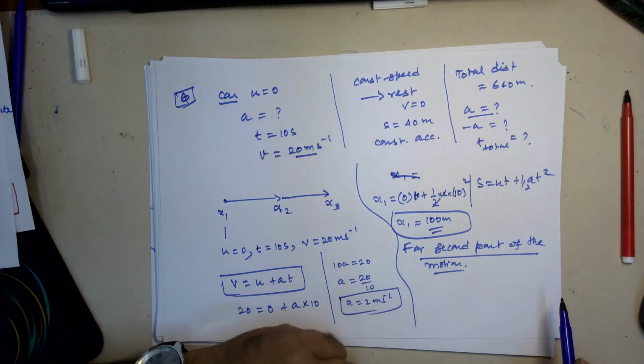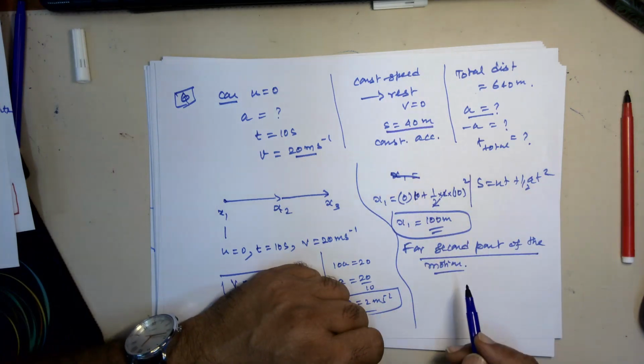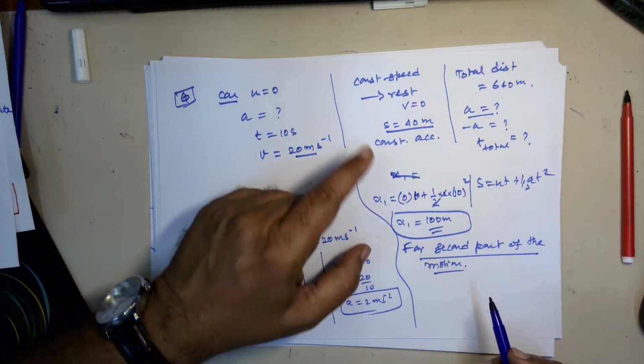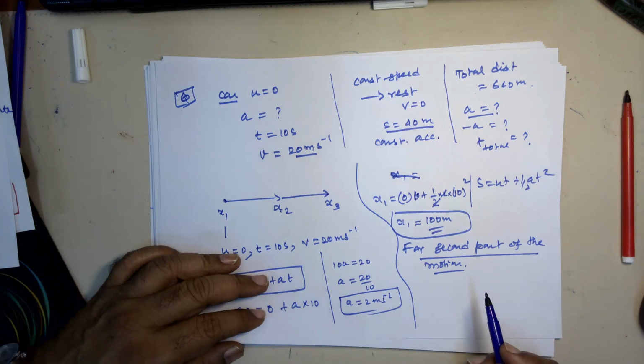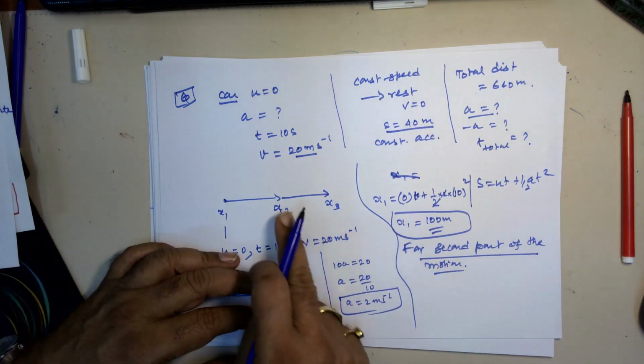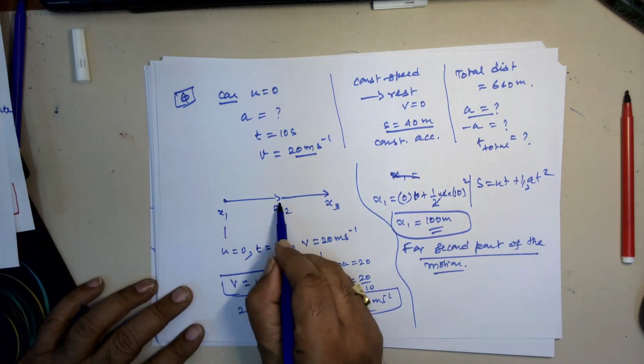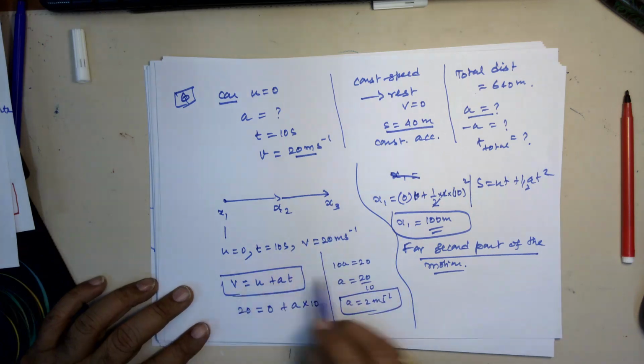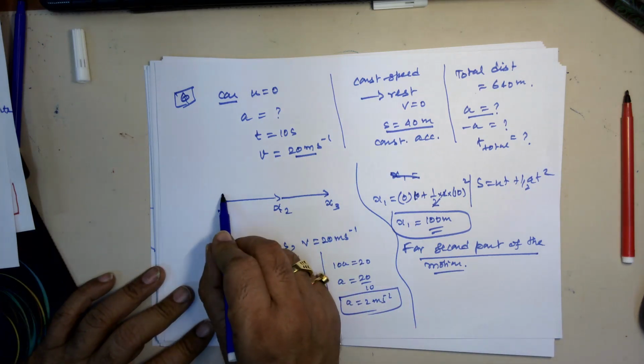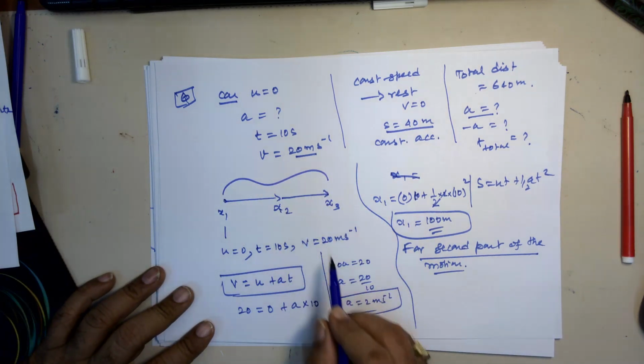And what about here? The 40 meter they have given is nothing but x3, is it not? So this is x1 and this is x3, and we are supposed to find out x2, right?